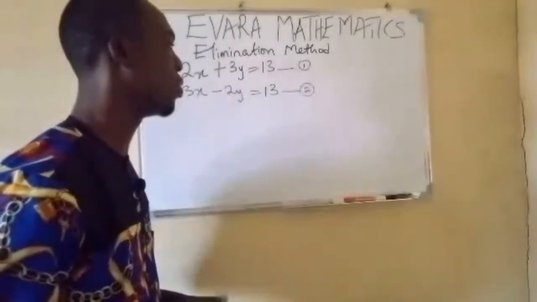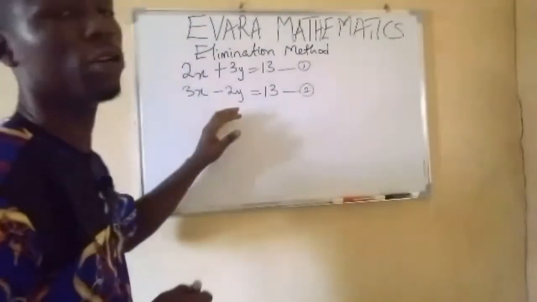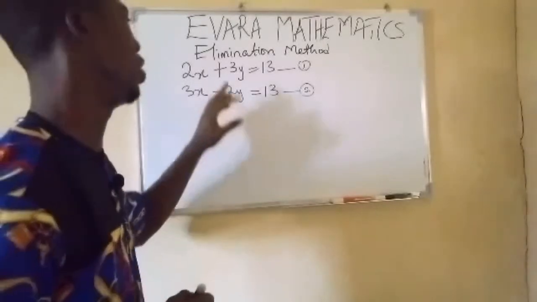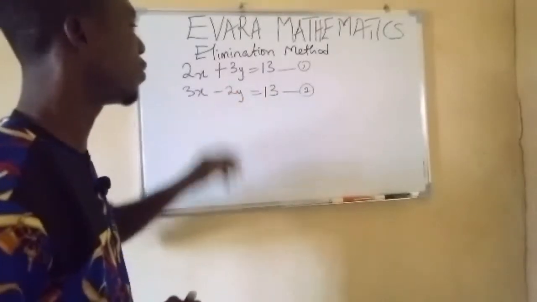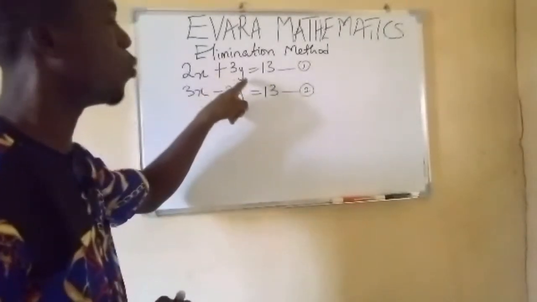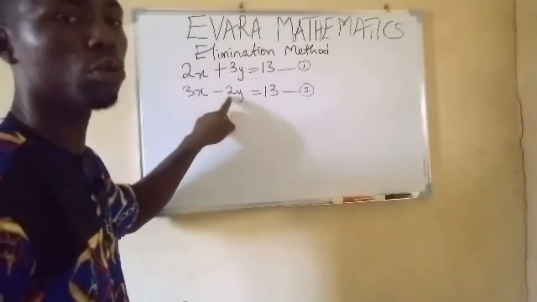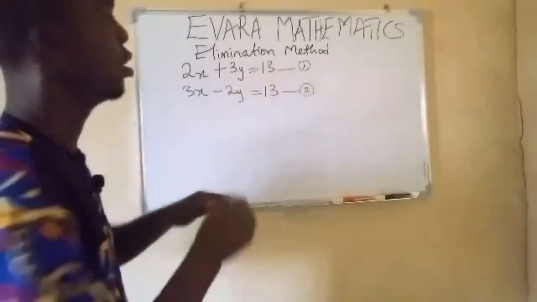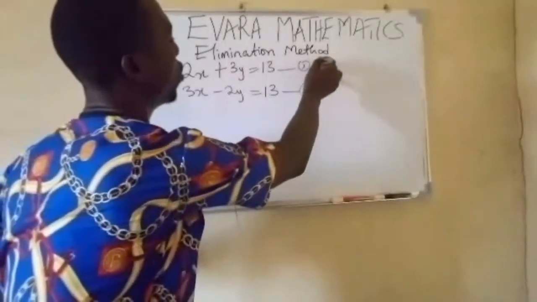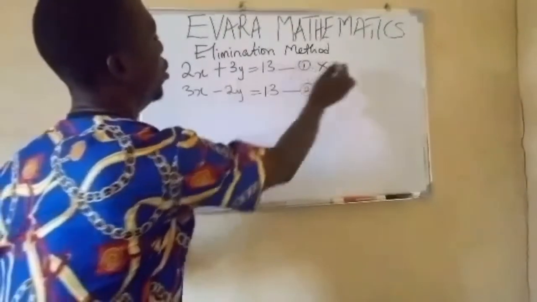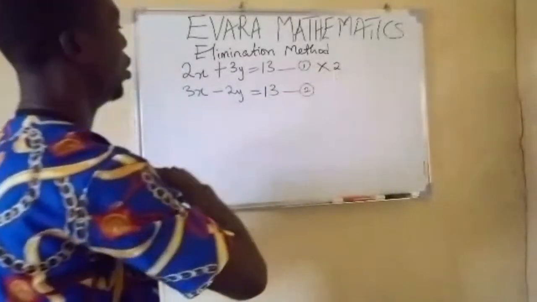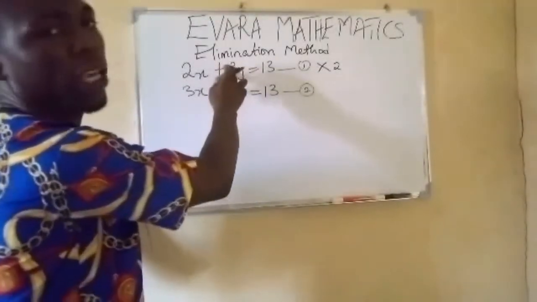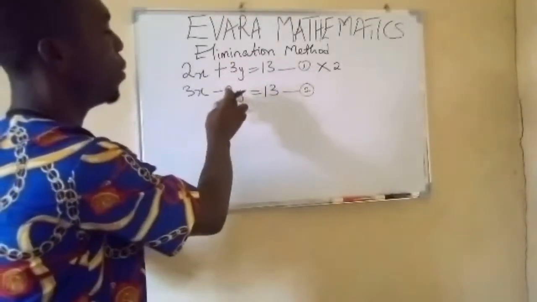So how can we do this? We are going to swap their coefficients. That is, you pick the coefficient of y in equation 2 and use it to multiply the whole of equation 1, that is, you multiply equation 1 by 2. Then you pick the coefficient of y in equation 1 to multiply equation 2.